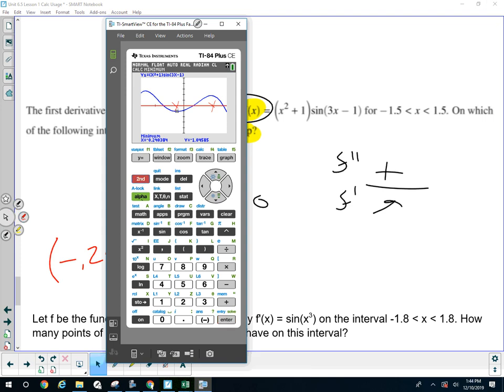Second calc, max, to the left, enter, to the right, enter.